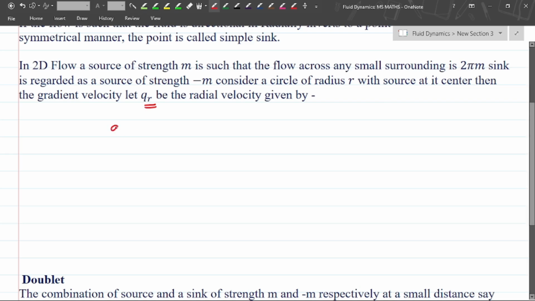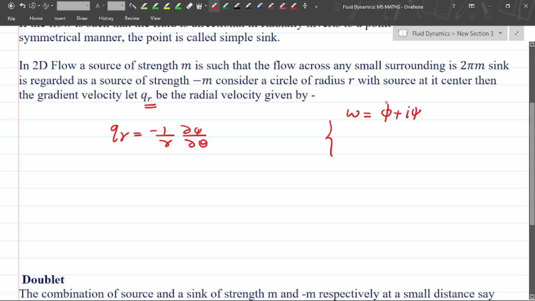The radial velocity qr is denoted by minus 1 by r dou psi by dou theta. This comes from the Cauchy-Riemann equations of the complex potential function, w equals phi plus iota psi.